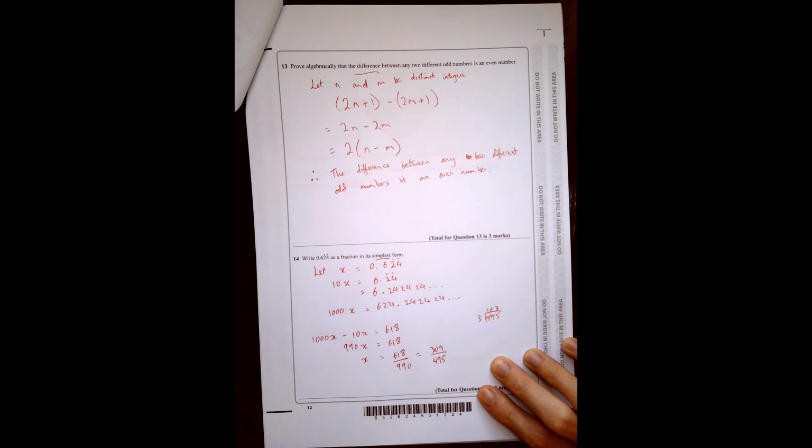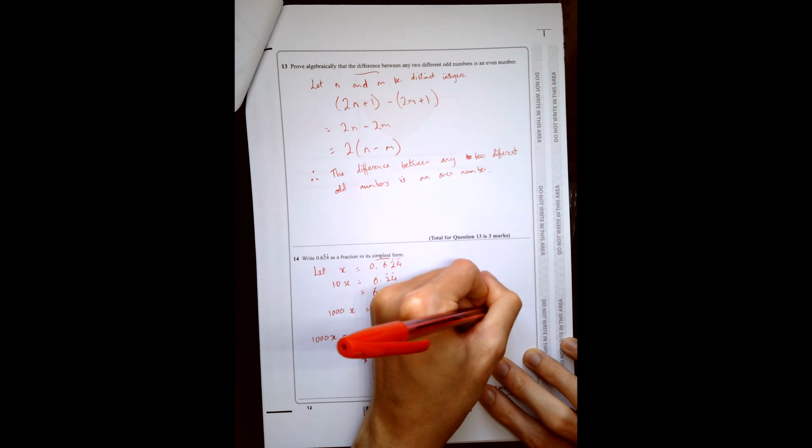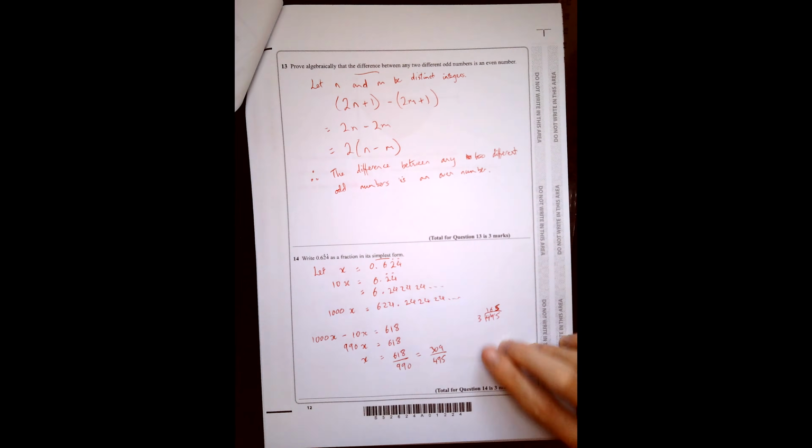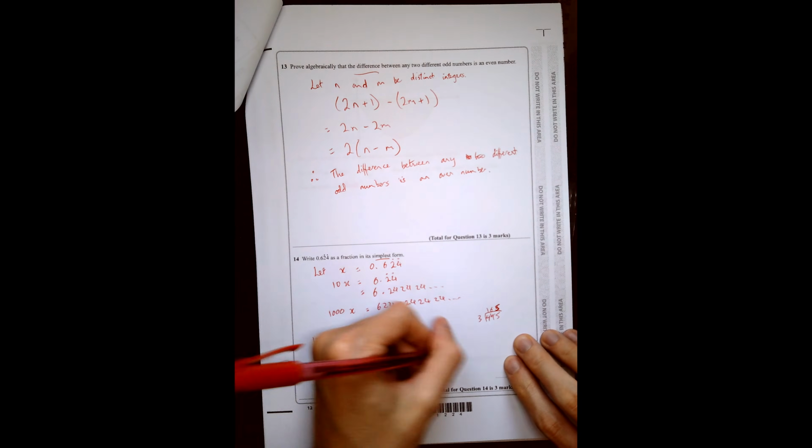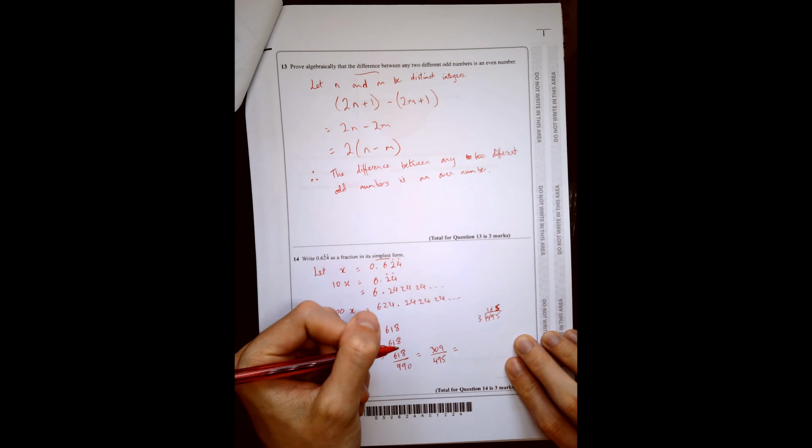Just check that. So if I times that by 3, I get... No, sorry, that should be 5, shouldn't it? 165. 3 times 5 is 15, carry your 1. 3 times 6 is 18, add the 1 that you carried, is 19, carry the 1. Yep, that works, 165. So you can divide that by 3.